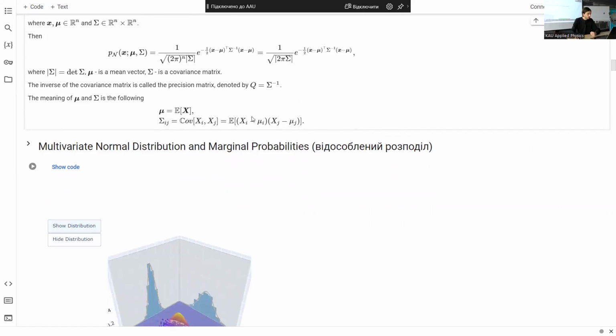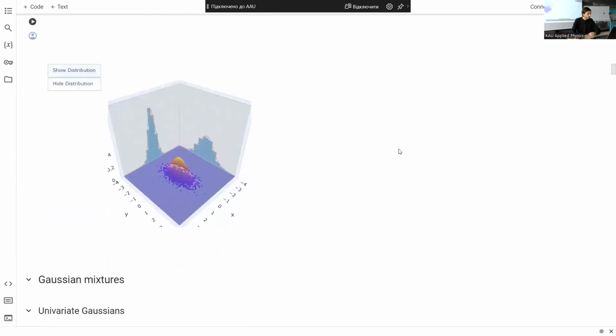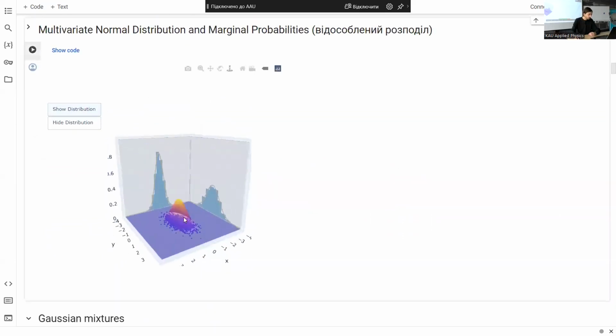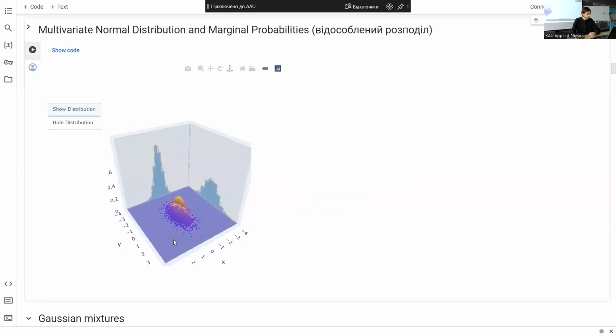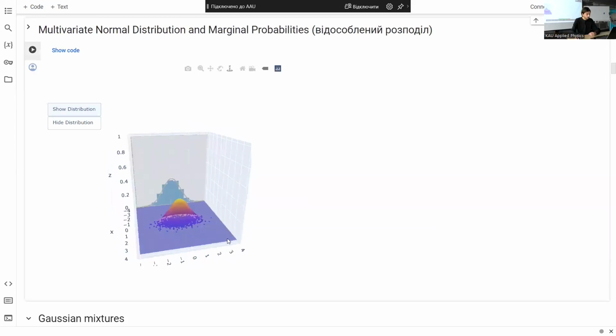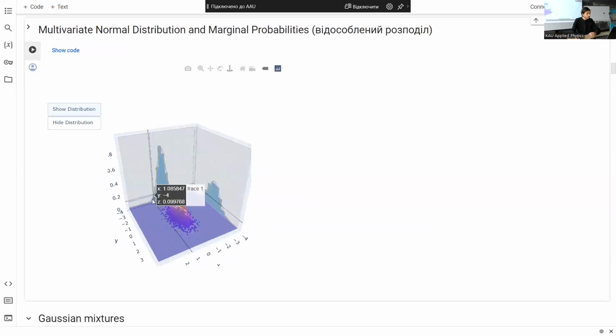Okay, so here are some estimates for mu and for sigma if we have some points generated with that distribution. So that's quite simple. Here is an example of the 2D case. Here is my multidimensional normal distribution. Here you see marginal distributions. So it's like I have taken everything and integrated.